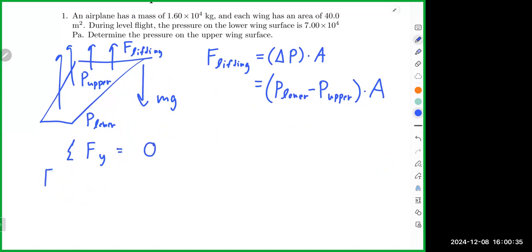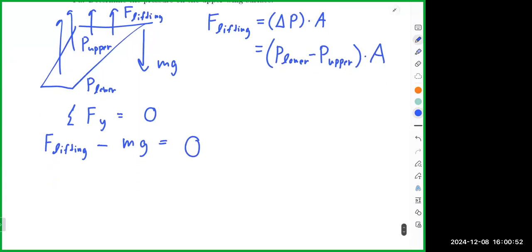The lifting must balance against the weight, equal to 0. Right here, it is (P lower minus P upper) times area, minus mg, equal to 0.